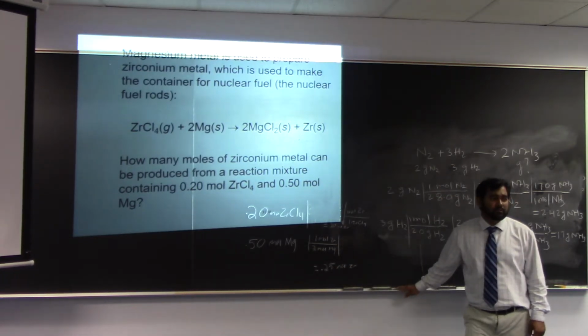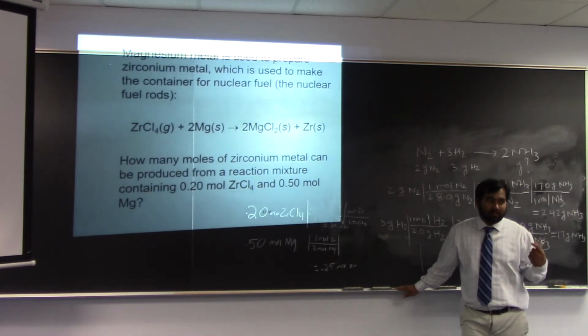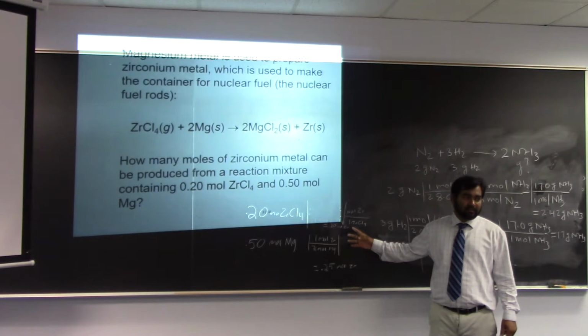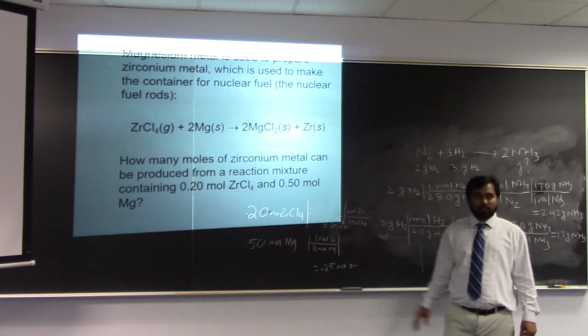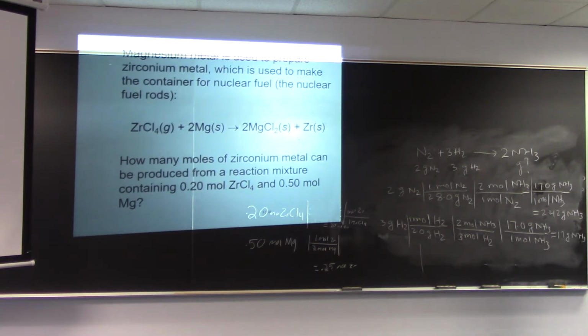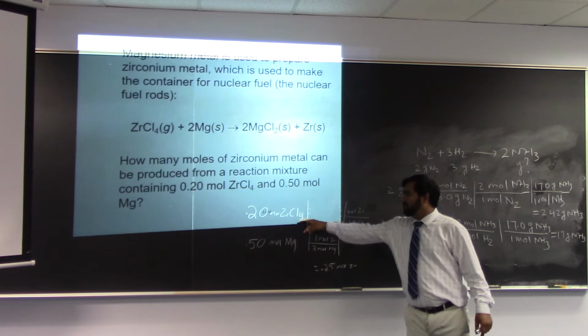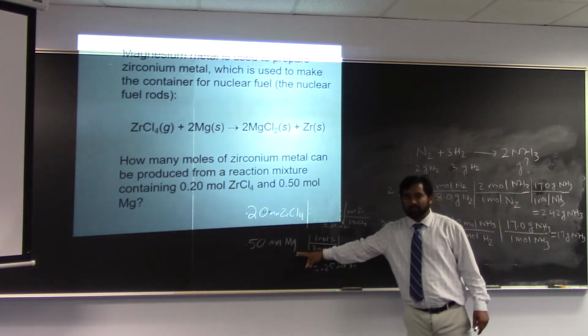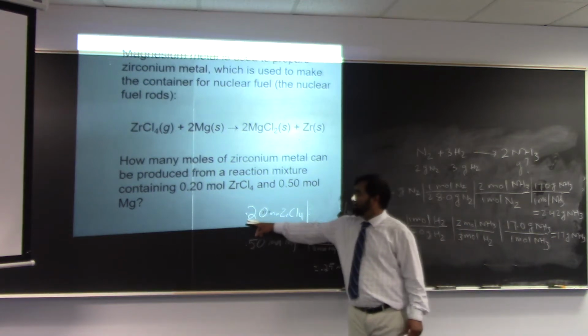Why 0.20? You can't go higher because it's smaller than the other reactant. The product is the smaller amount, and that will be the limiting reagent. So here, zirconium chloride is making a smaller amount of metal than the magnesium. So this zirconium chloride is the limiting reagent.